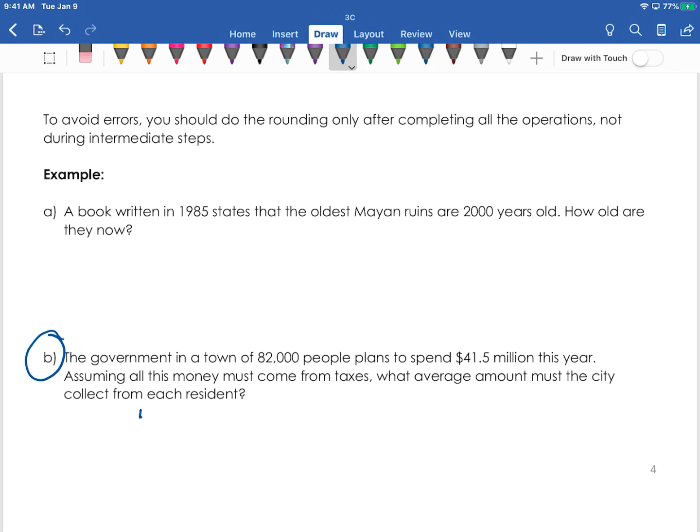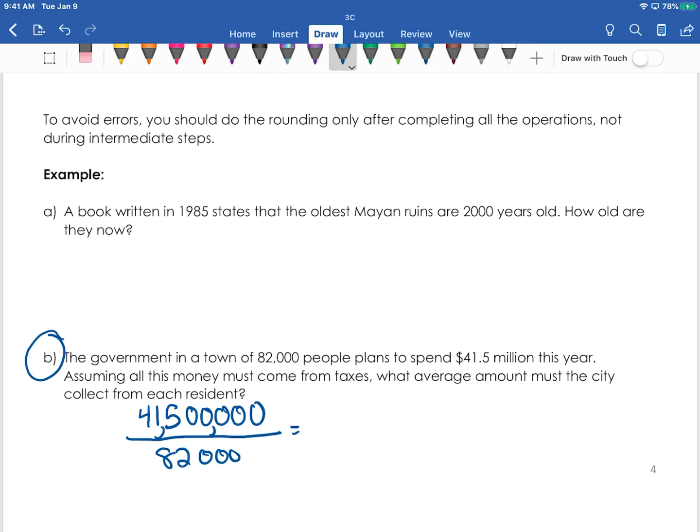So we're going to take 41.5 million, which is 415 with 5 zeros. That's 41,500,000. And we're going to divide that amount of money by 82,000 people. Now, remember, with multiplication and division, we want to look at and use accuracy.